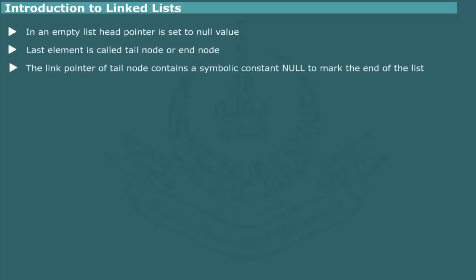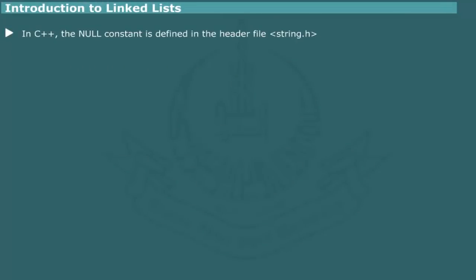The link pointer in the tail node contains a symbolic constant null, which is meant to signal the end of the list. In C++, the null value is defined in header file string.h. Other implementations might use different constants, such as -1.